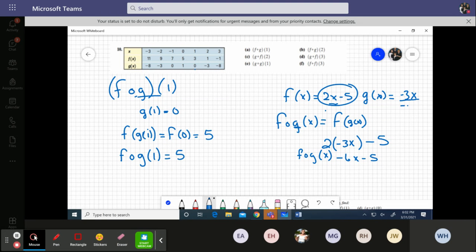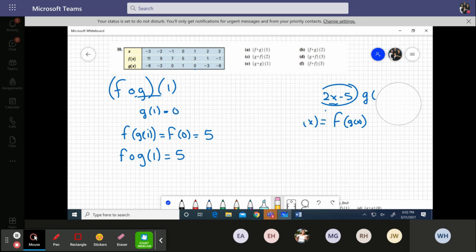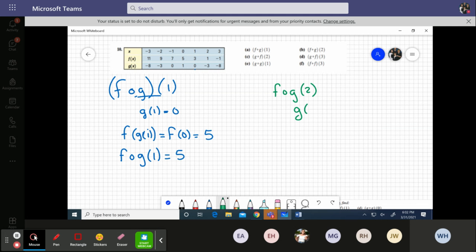I think I just kind of over-explained that one when it really isn't bad. I'm going to clear this. Start with your inside. Let's go f of g of 2. Start with g of 2. When x is 2, what's g of x?